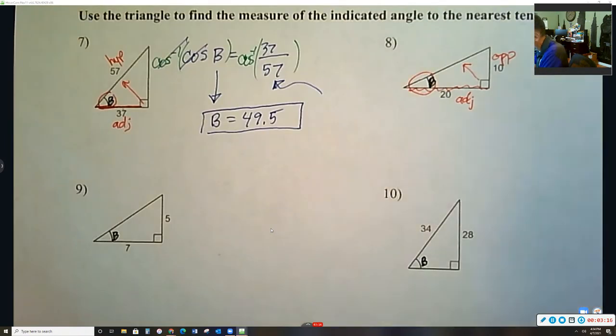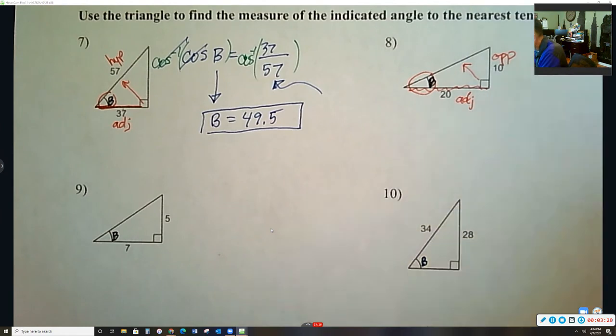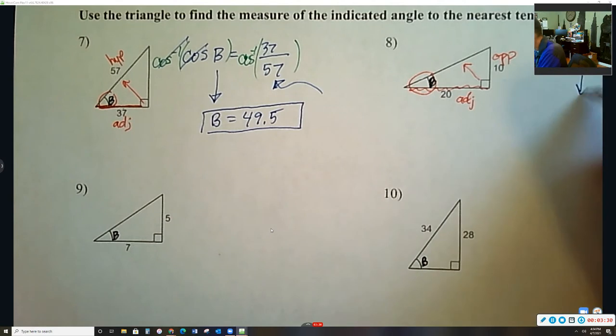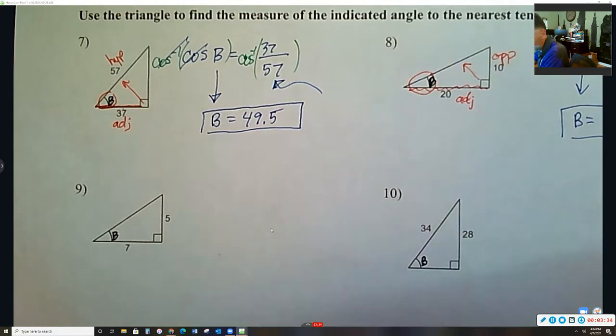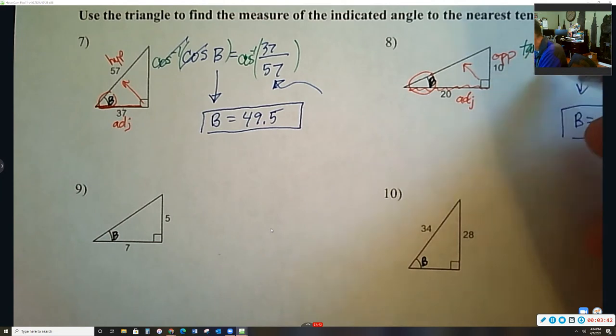So then I'm going to write tangent of angle B is equal to the opposite leg divided by the adjacent leg. And then again, I want to get B by itself. In order to get B by itself, I need to get rid of this tangent. And the only way I can get rid of tangent is by using the inverse.